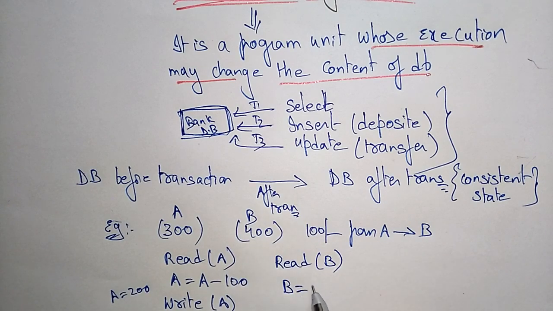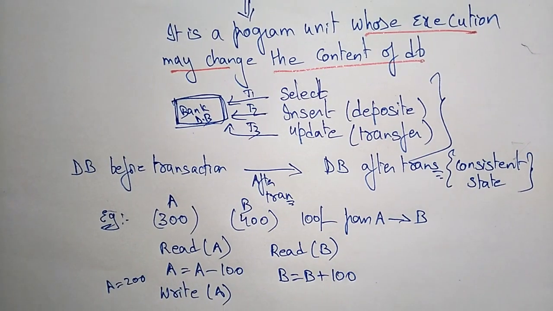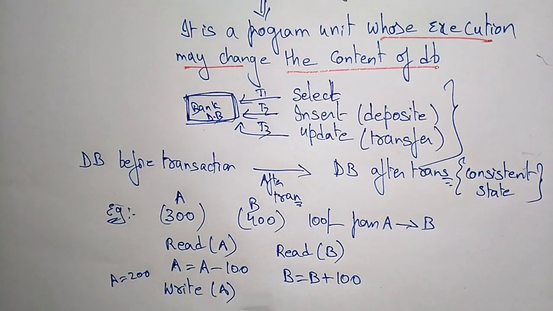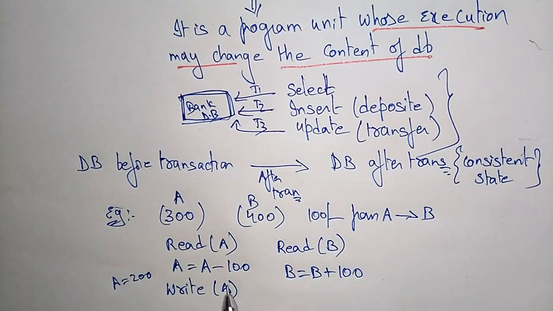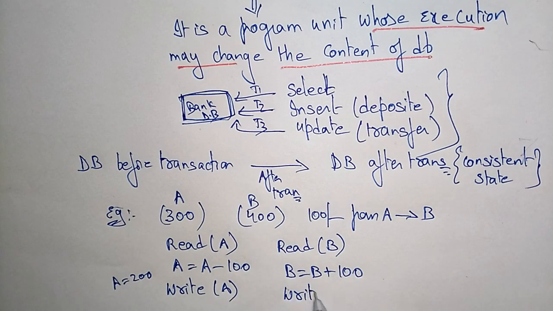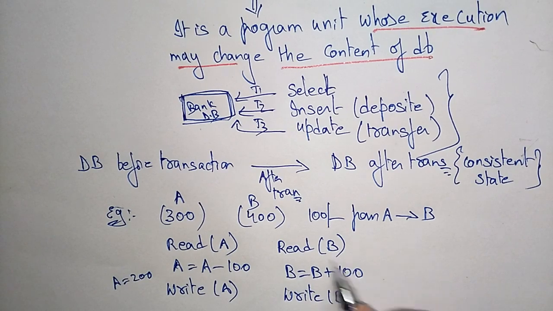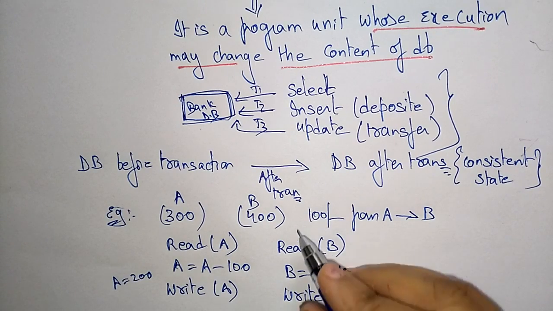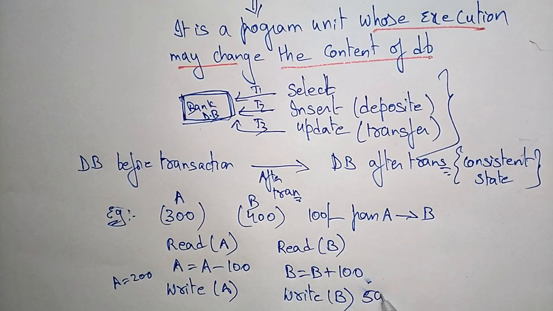B equals B plus 100, because the 100 is taken from account A and transferred. This is a general mathematical problem. Now write B. So now B value is 400 plus 100, 500.